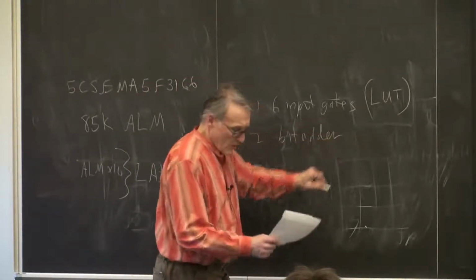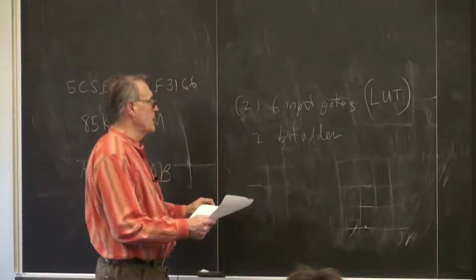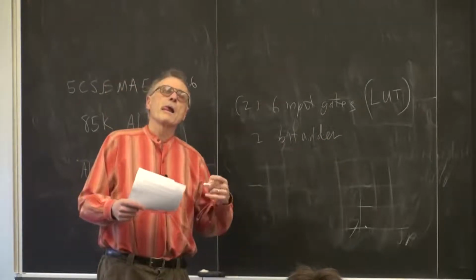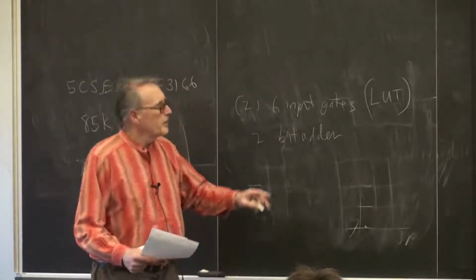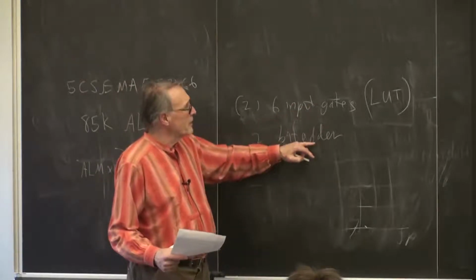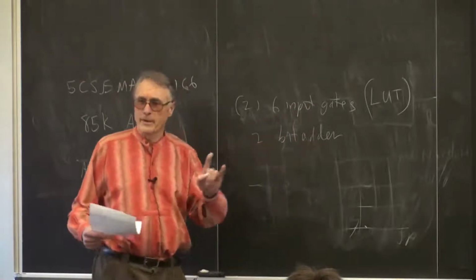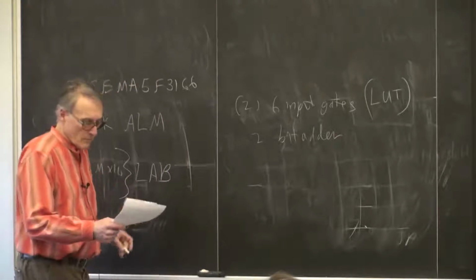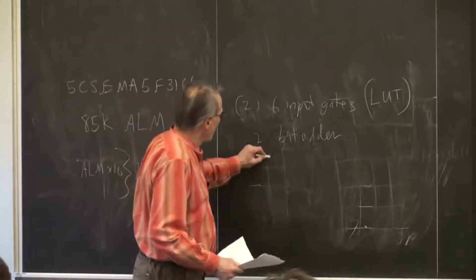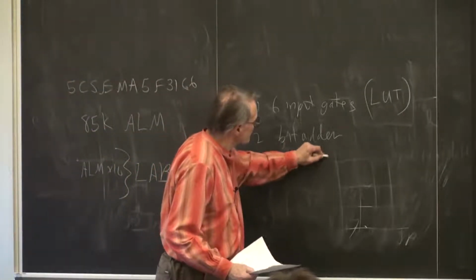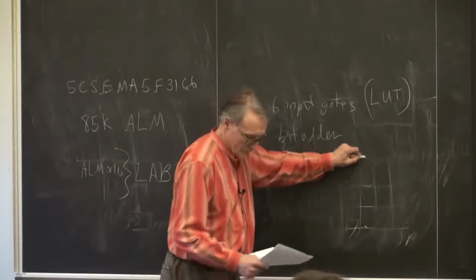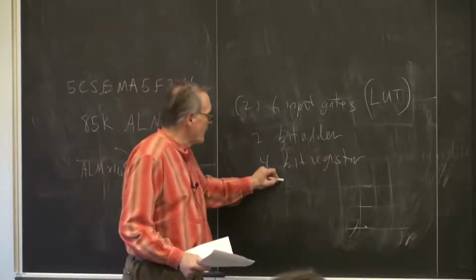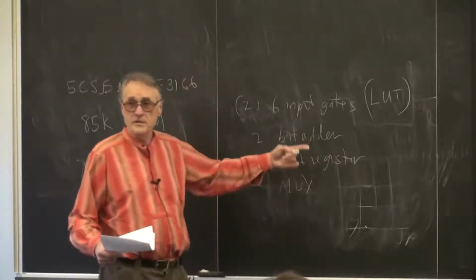although in arithmetic mode, you can use lookup tables in parallel with the hard adder to make a 4-bit adder. A 4-bit register, and a ton of muxes to route around all this stuff.